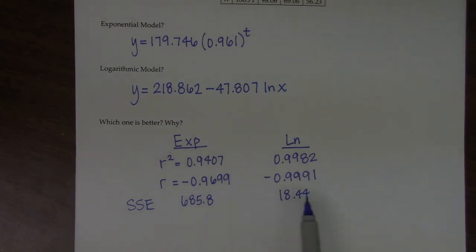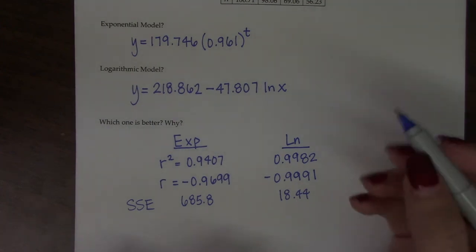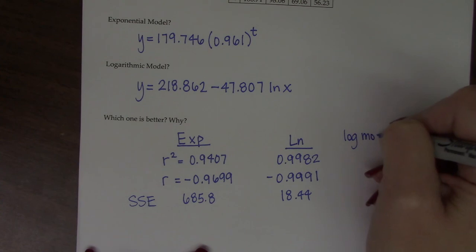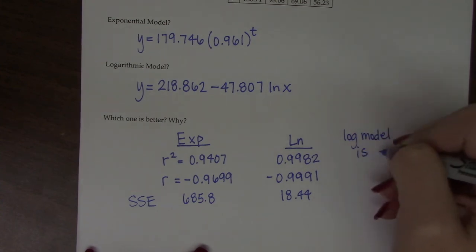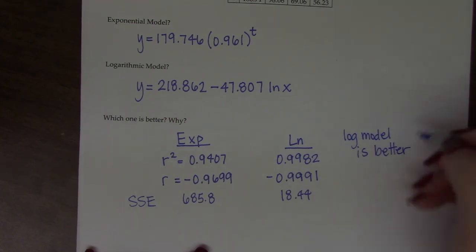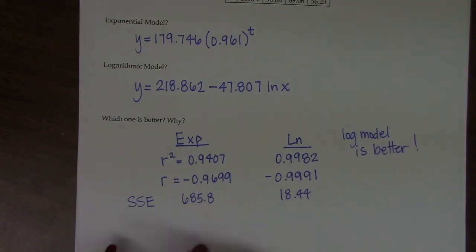For the sum of squared errors, you want the lowest error. So this guy's got the lowest error. So in all three cases, the logarithmic model is better. You only need to look at one of these metrics. So this is the better model. The only way you can tell this is to build the model and look at their r value or r squared value.